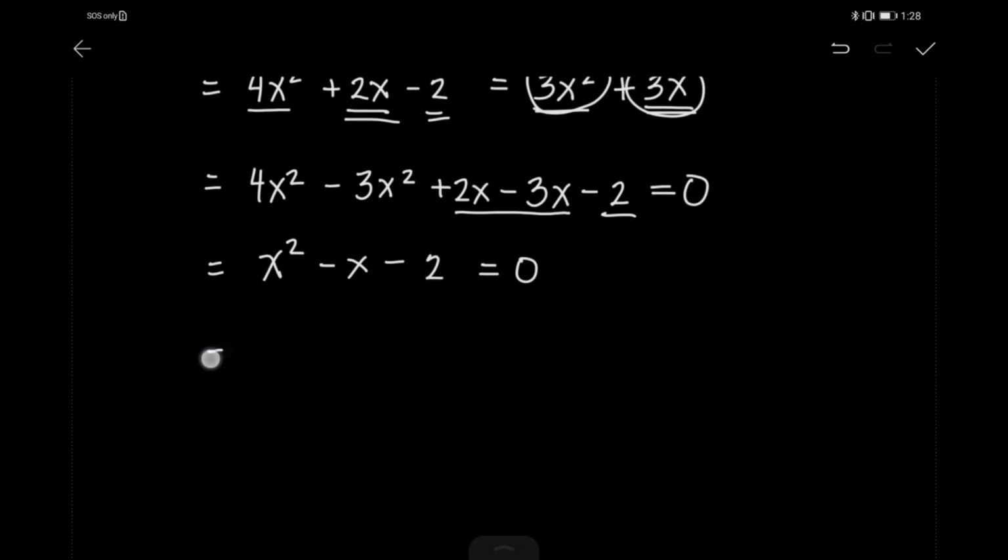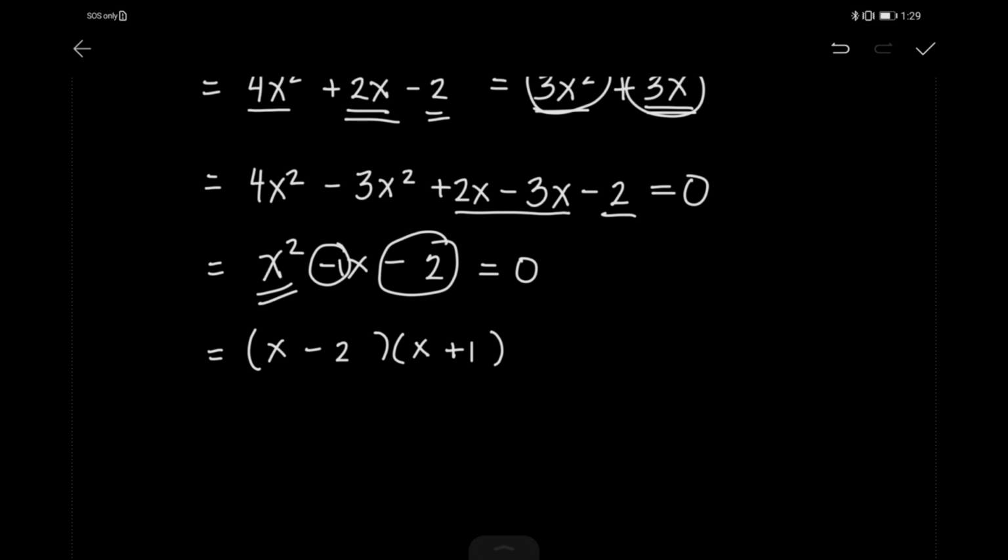If we factor a quadratic equation, the result is two binomials. The x squared came from x times x. Then think of two numbers whose product is negative 2 and sum is negative 1. The two numbers are negative 2 and positive 1, because negative 2 times positive 1 is negative 2, and negative 2 plus 1 is negative 1.